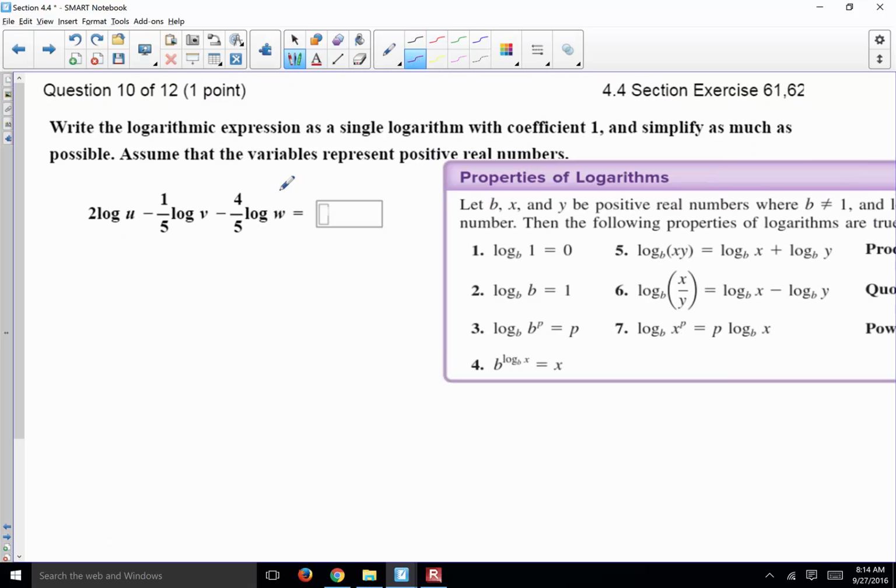All right, let's do this together. As usual, we will start with the first two. There is a subtraction. How do you combine these two? It's log of u over v, u on the top, v on the bottom, right? It's a subtraction, rule number 6.